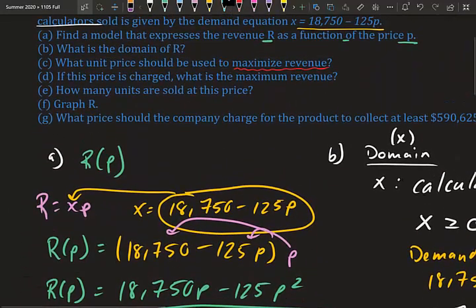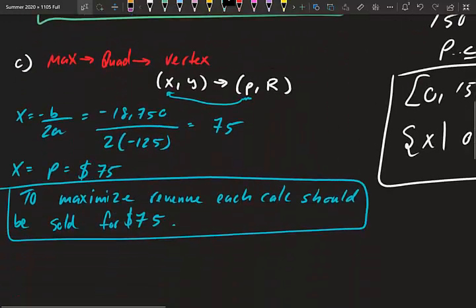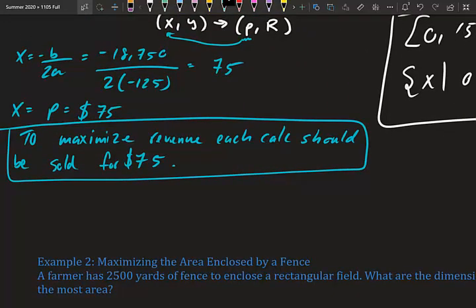Alrighty, part D. If this price is charged, what is the maximum revenue? So since we see that word maximum, we're talking about vertex, but we're looking at maximum revenue. So we found the price we're going to charge at $75.